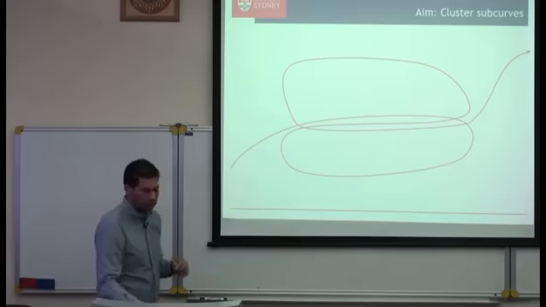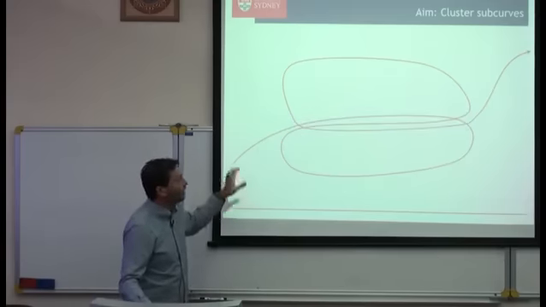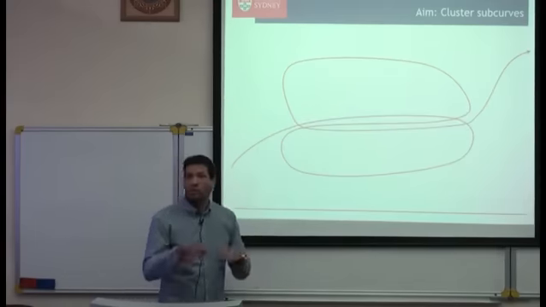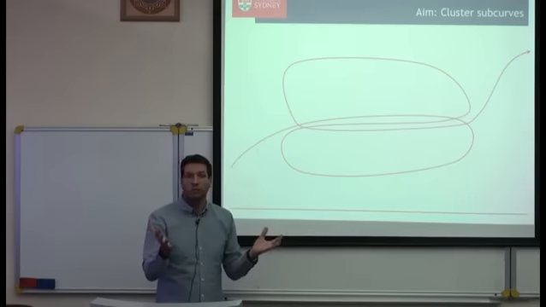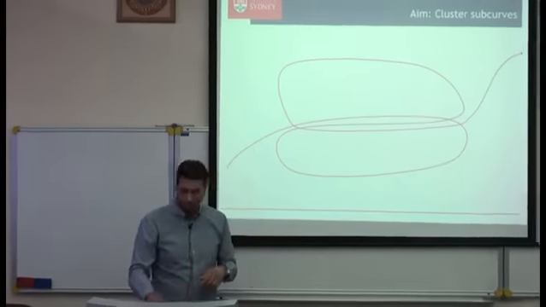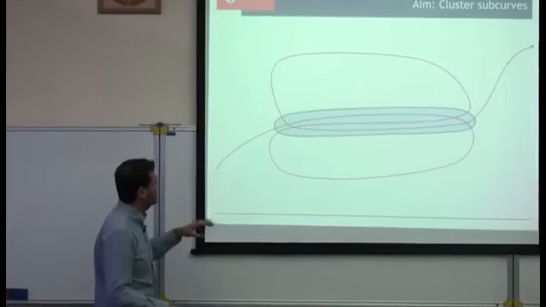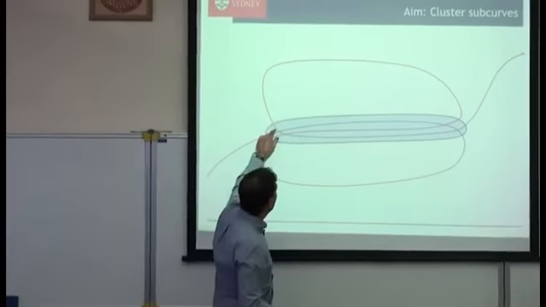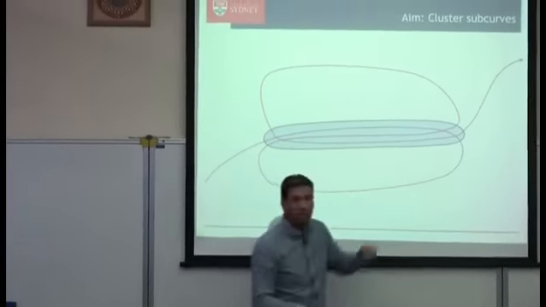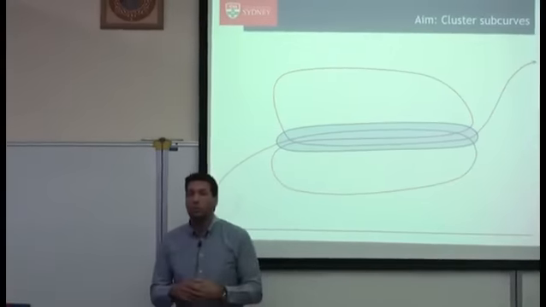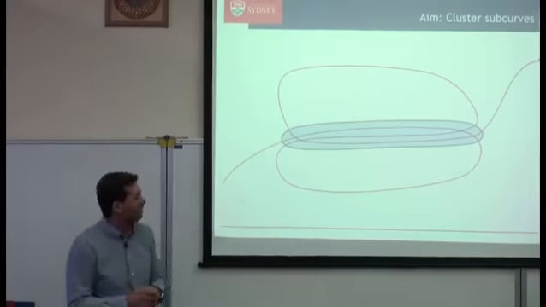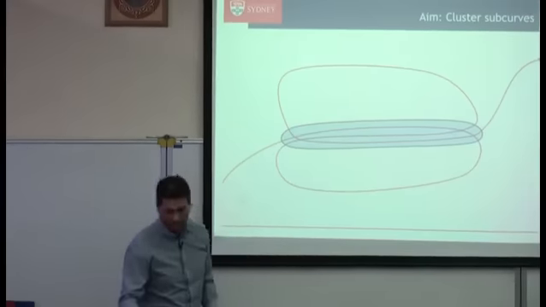So as input, I'm giving one long trajectory, and I want to find sub-trajectories or subcurves of that trajectory that are similar. So in this case, for example, I would say that these three sub-trajectories are fairly similar. So that would be one cluster of size 3 and some distance.